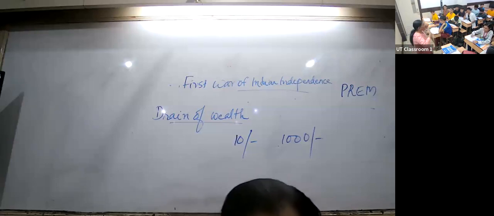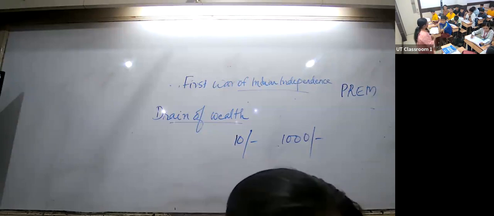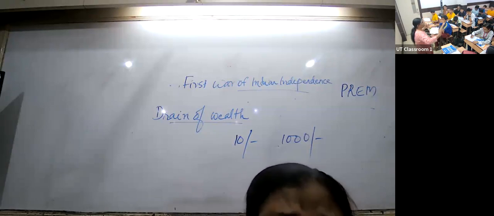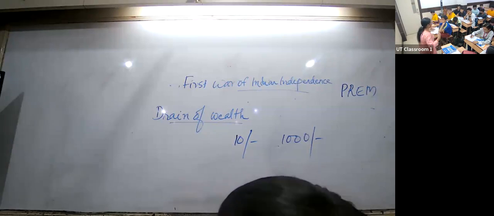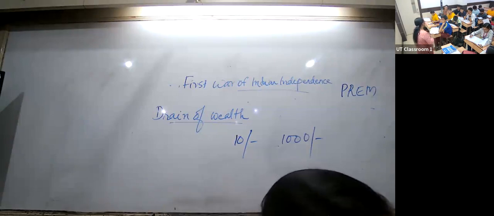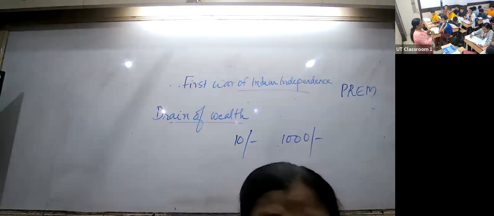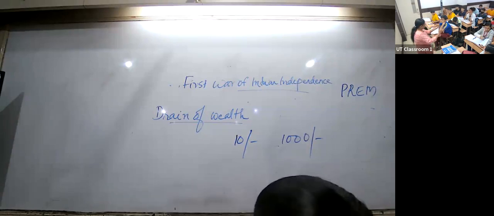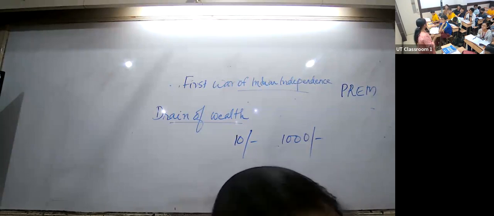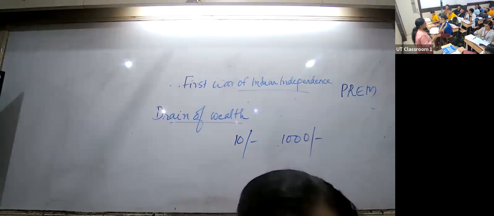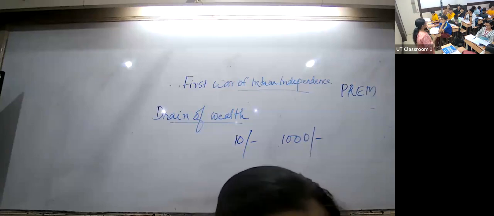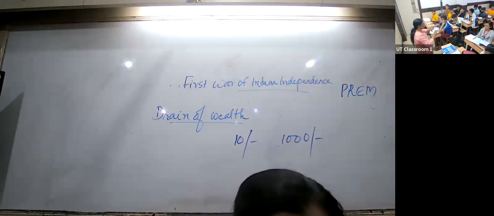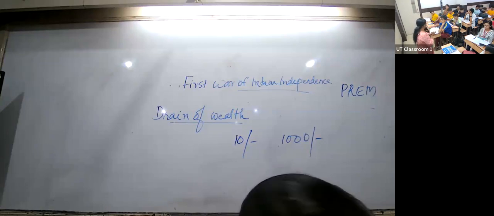So the burden of taxes increased. Whenever the British were in need of money, they taxed these people heavily. First of all, they don't have any ownership. They take the land on lease basis and grow the crops. So when there is an increase in taxes, the condition becomes worse. That way, peasants were affected.